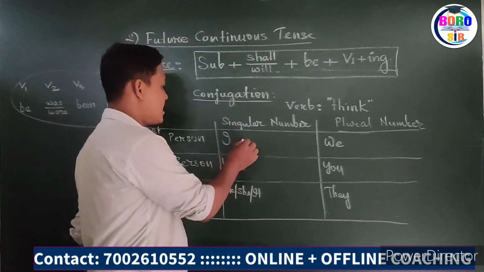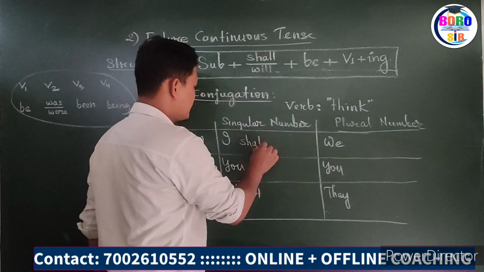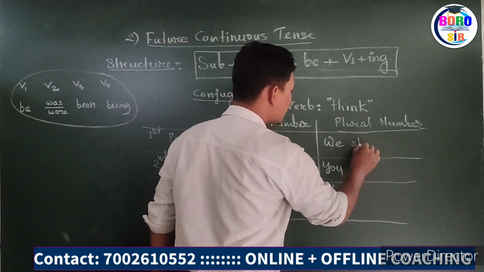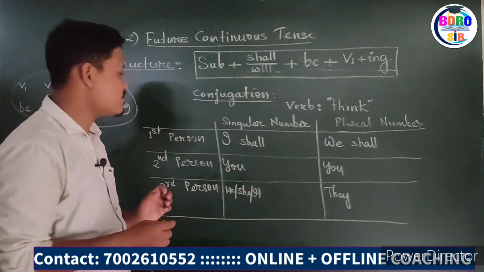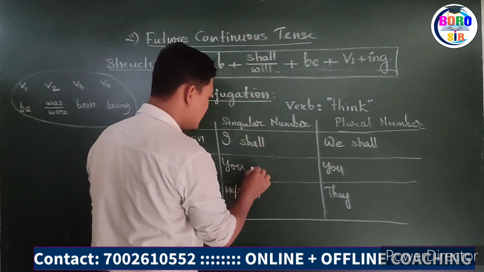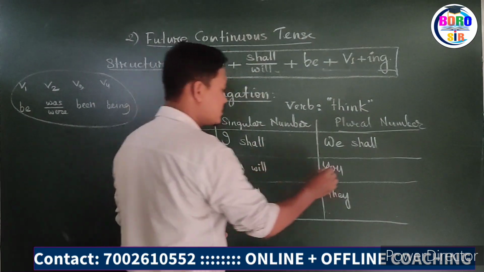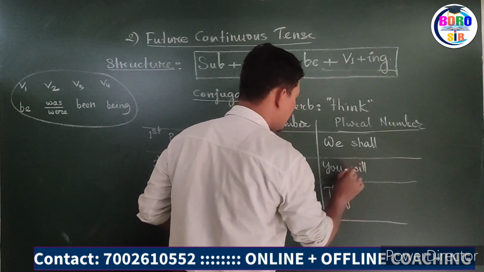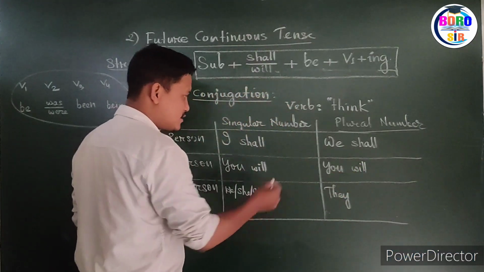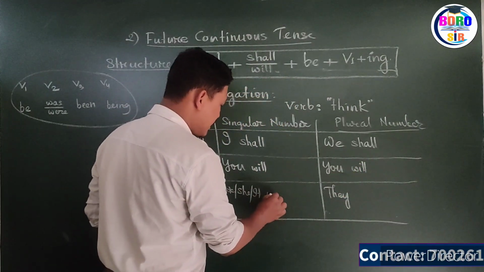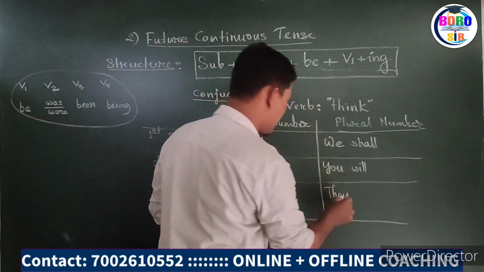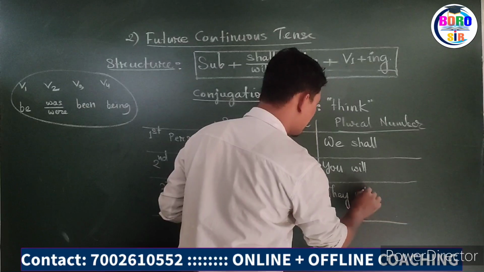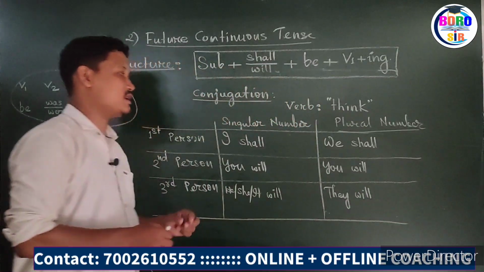Shall. I always take shall here, and we also take shall here. The rest of them will be taking will here. So I am writing will, and the third person singular number will also be taking will, and the plural also will be taking will here.